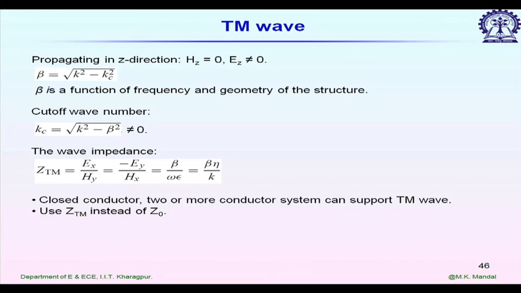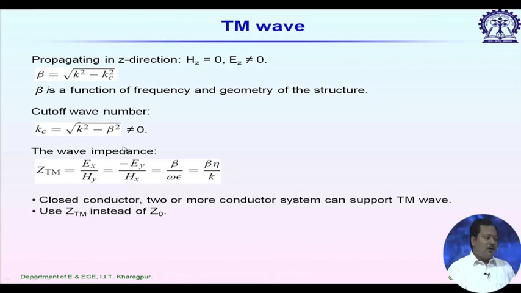Next is TM wave. It also has similar properties to TE, but in this case Hz is equal to 0 and Ez is not equal to 0, and the cutoff wave number kc is equal to the square root of k square minus beta square. So, just like TE wave, in this case also we have a cutoff frequency, and wave propagation starts above the cutoff frequency.